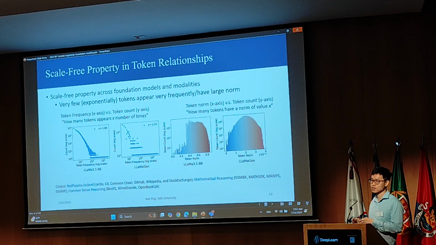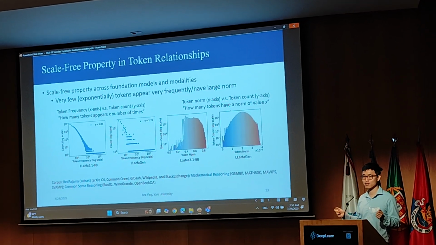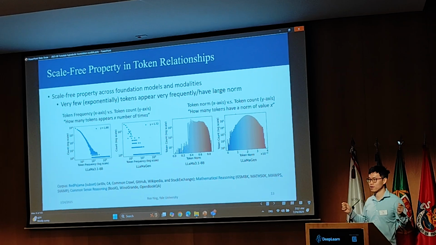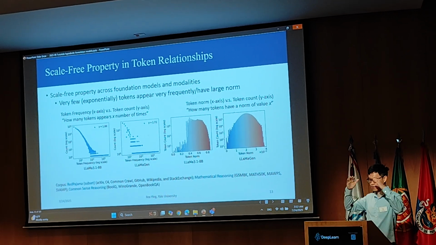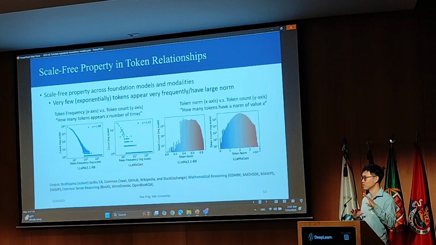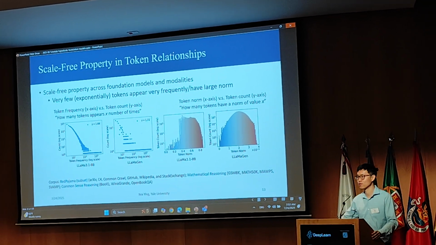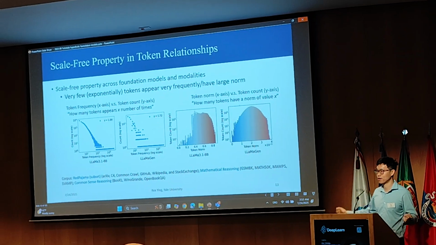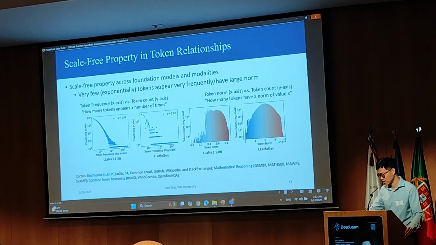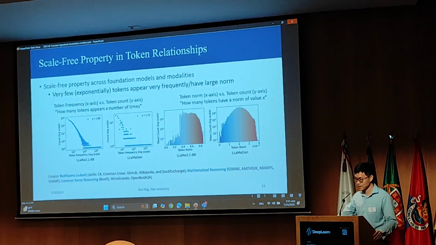In comparison, if you have an exponentially big number of words that appear less often, you basically put them everywhere. You can afford to have a bigger norm because it's a bigger space, and just put them everywhere. They don't need to be connected to many other tokens, just to a few tokens that are very relevant. Okay. So yes, that's exactly the intuition, and this is what we see.